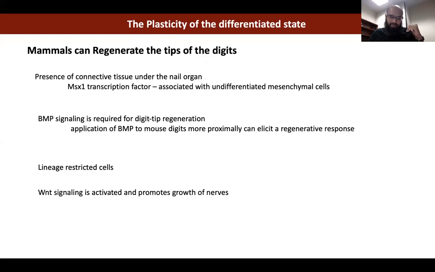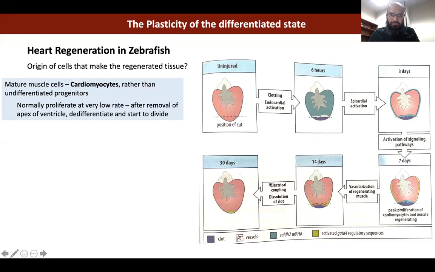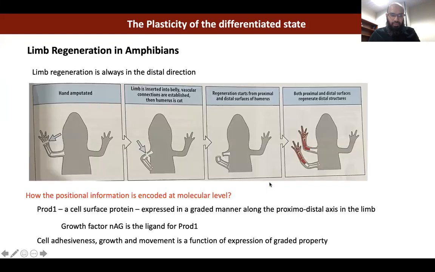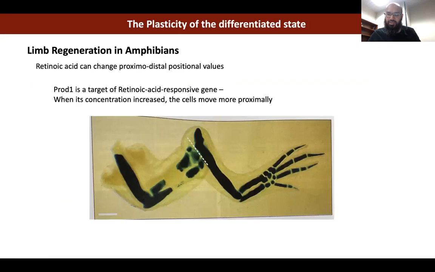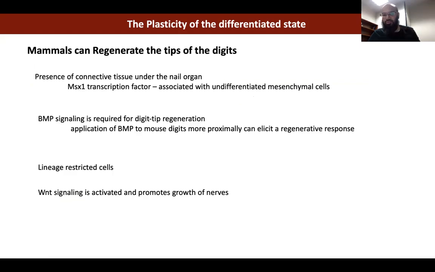Like I said, as the limb grows, for example in the case of PROD1, its concentration decreases, and at a certain point in time its concentration drops down. And that is, for example, one of the signals that shows that now they have to stop.